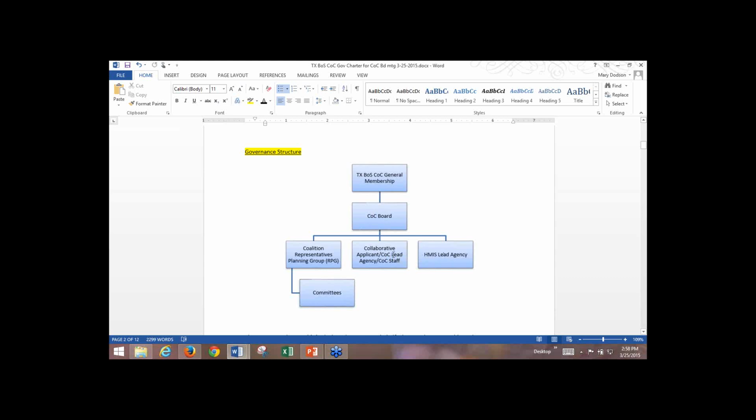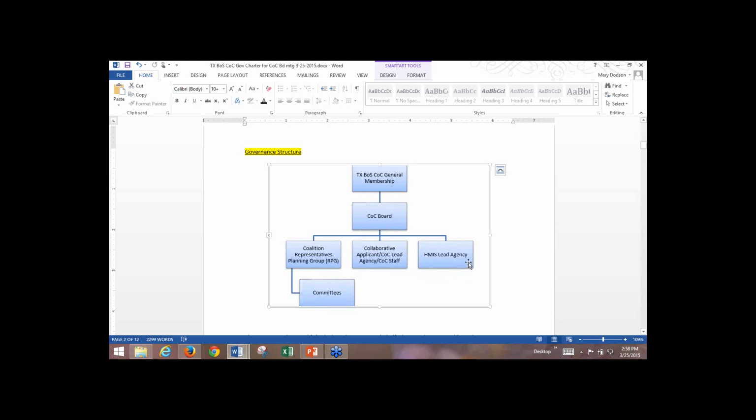So we're considered to be the collaborative applicant, or again, that group that can apply to HUD for funding on behalf of the COC. And we're also called the COC lead agency, or the COC staff. And that's because what we do is try to facilitate the work of the COC and make it easy for all of our members to participate. And of course, we're the HMIS lead agency.